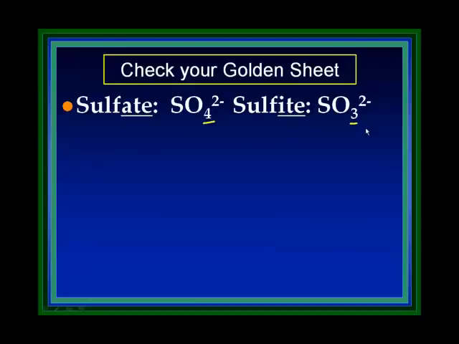If you go on to take AP Chemistry, you will have to have those memorized. For your tests and quizzes, I will provide you an abbreviated list of the polyatomic ions. You won't be able to use your golden sheet on tests and quizzes, but like I said, you will get a list of them that you're able to refer to.